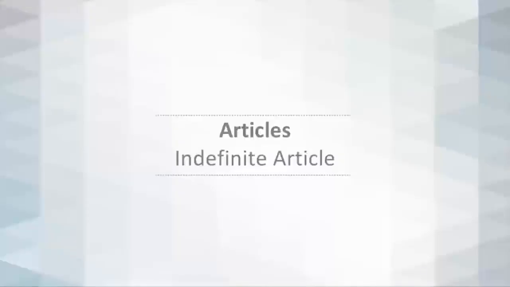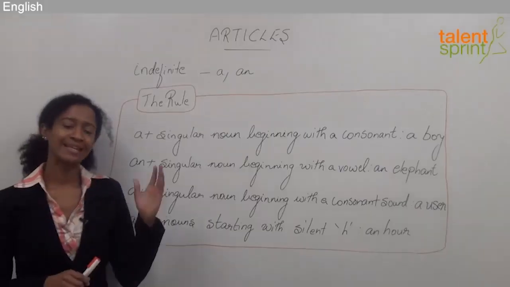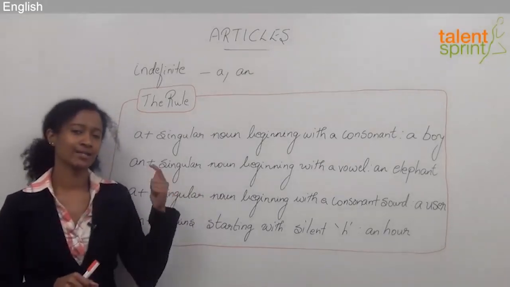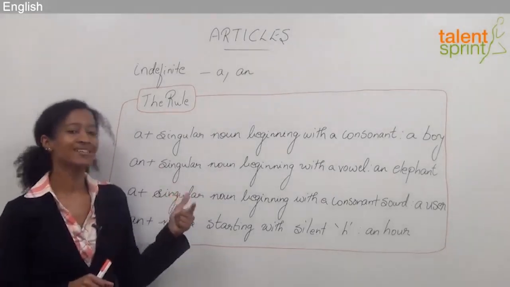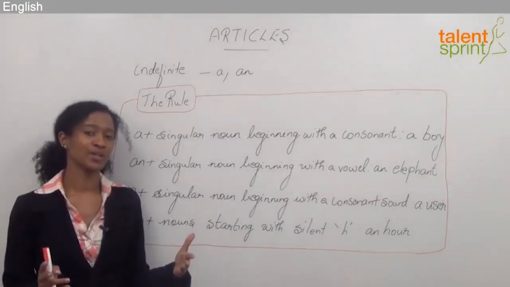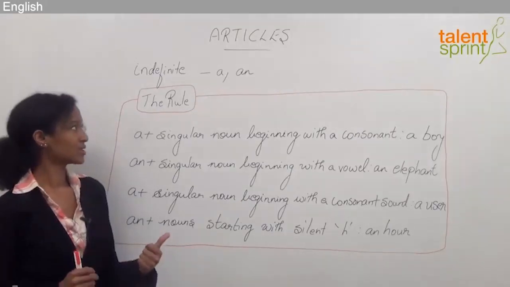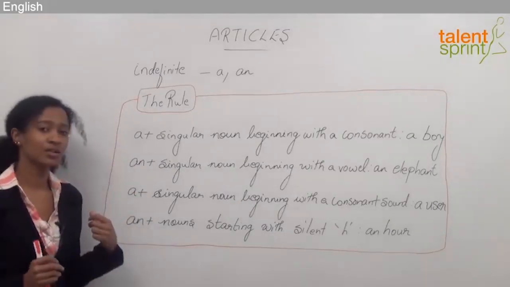Alright? The indefinite article a and an signals that the noun modified is indefinite, which means it refers to any member of a group. Okay, so these are the basic rules.